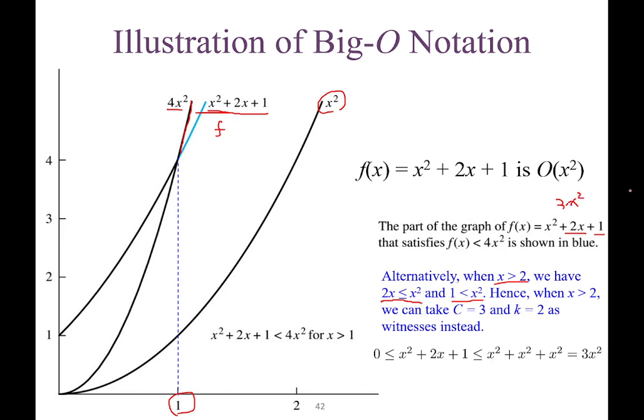So we found the witness k is 2, and f of x is less than 3 times x squared, so c is 3. We found another pair of witnesses. This can also be used to prove that f of x is big O of 4 times x squared.